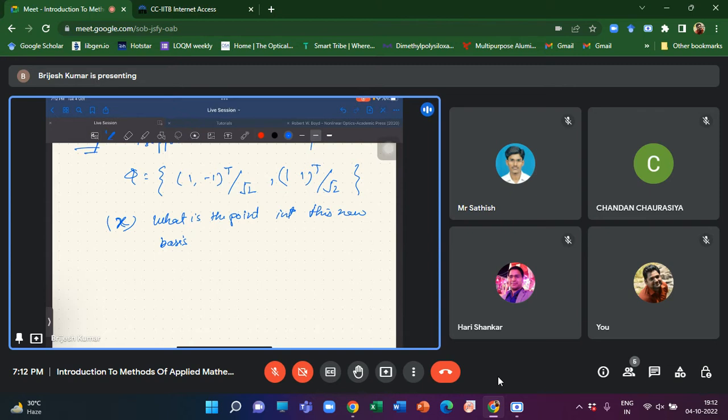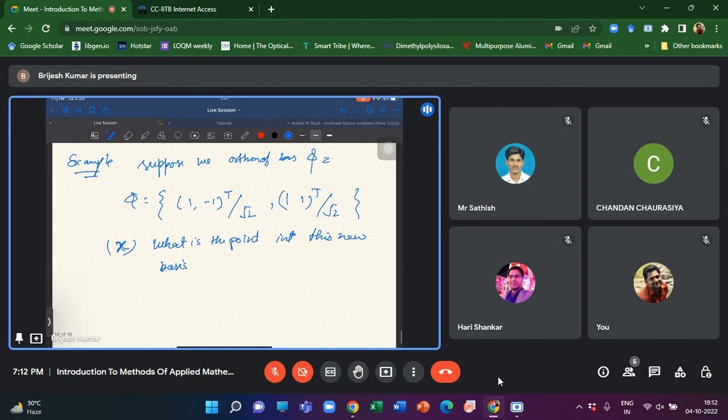Like we have here x, an arbitrary vector in some plane. We have one orthonormal set. So we have to find the representation for this new coordinate system.